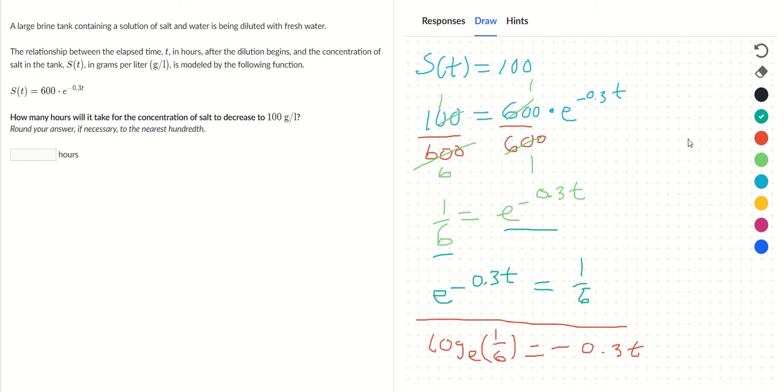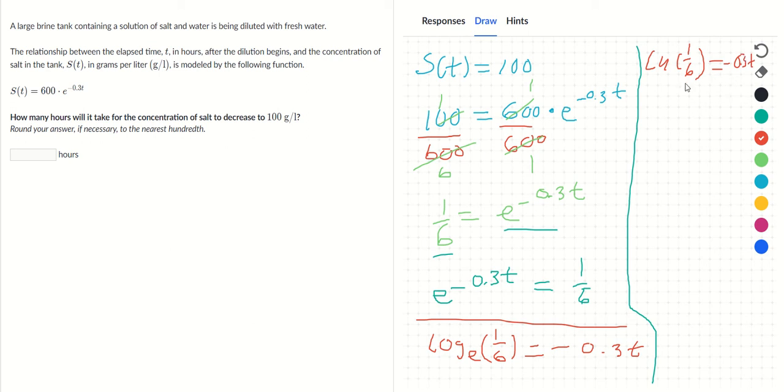So this is the same as natural logarithm of 1/6 equals negative 0.3 t.